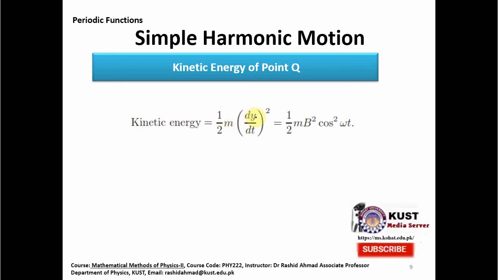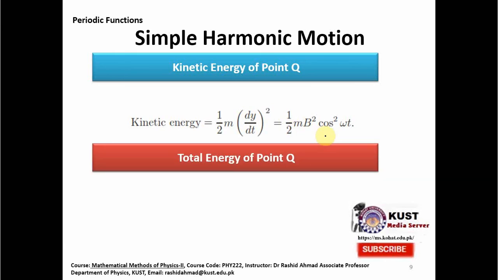In this case v is dy by dt, so we get half m (dy by dt) whole squared, which, putting in the value of dy by dt, is half m b squared cos squared omega t. If we take it maximally, with cos squared omega t equal to 1, we get the total energy equal to half m b squared. So this is the kinetic energy and total energy of the point Q, which is making the simple harmonic motion.